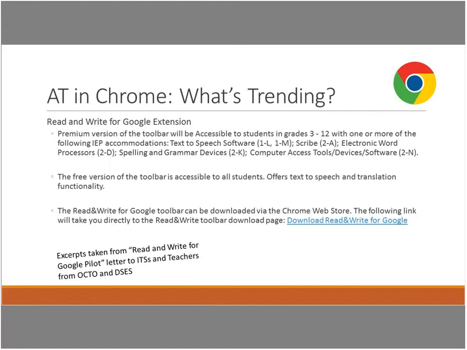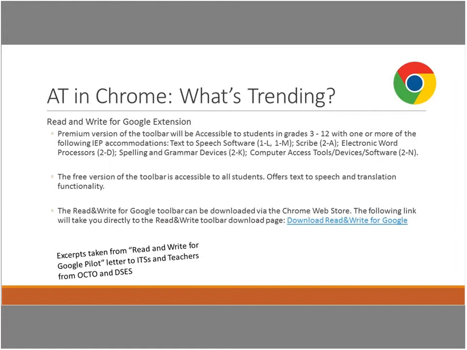AT in Chrome, what's trending? So you should have gotten an email from Cindy and from your ITS that the Read&Write for Google extension, the premium version toolbar, should be accessible to our students with special needs or students with IEPs, grades 3 through 12, if they have one of the following accommodations on their IEP.